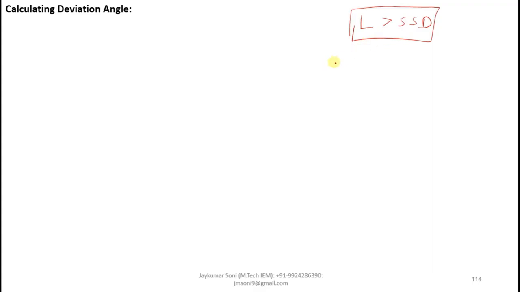The equation for L where L is more than SSD is NS square divided by 4.4. We have the value of S, 128, but we do not have the value of N. This N is the deviation angle, so we need to calculate the deviation angle N.